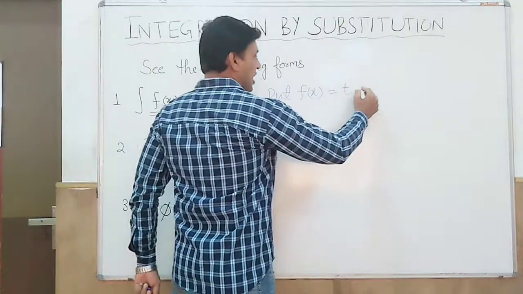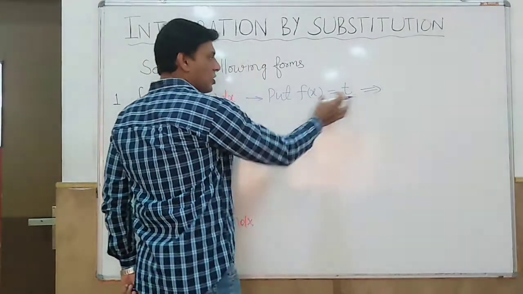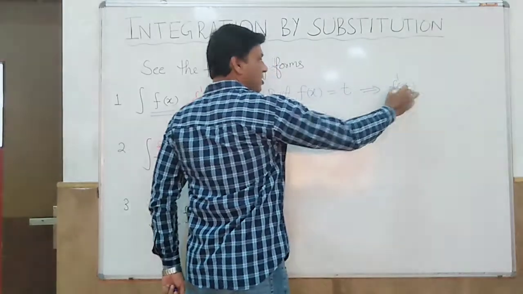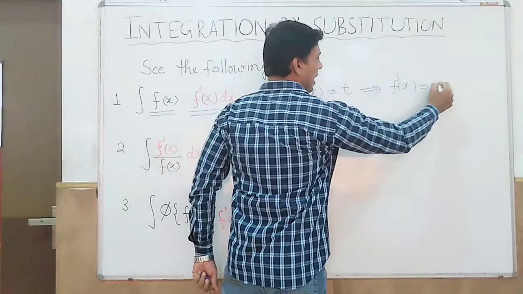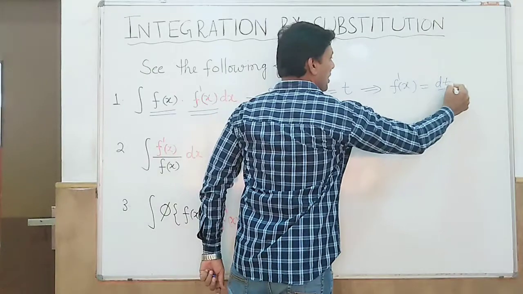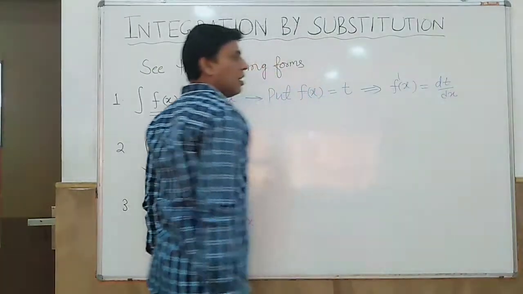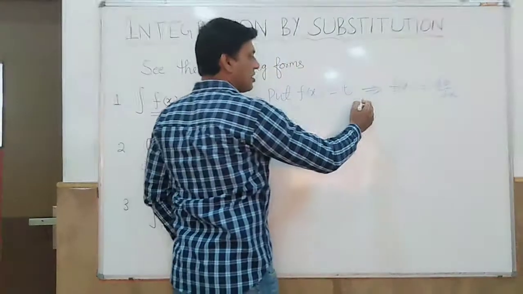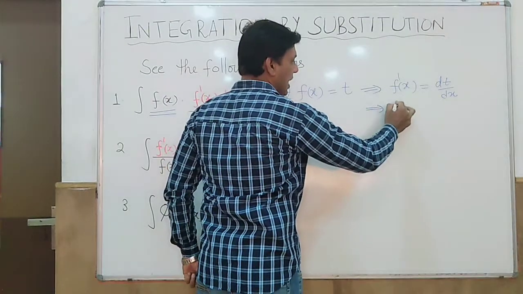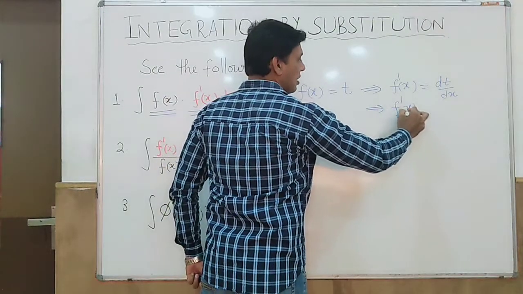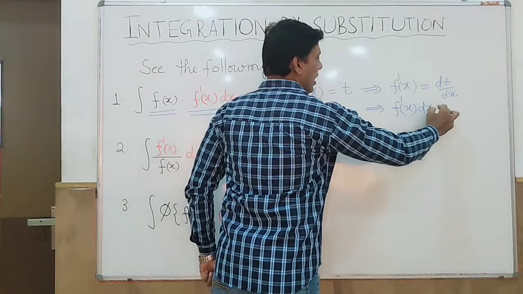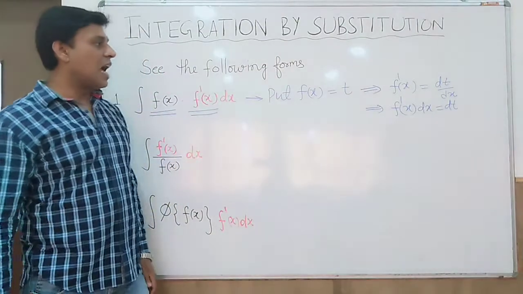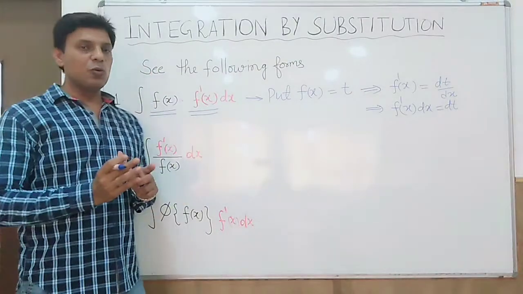If you differentiate both sides, you will have f dash x on the left hand side and on the right hand side dt upon dx. And if I am carrying dx to the left hand side, it can be represented as f dash x dx equal to dt.